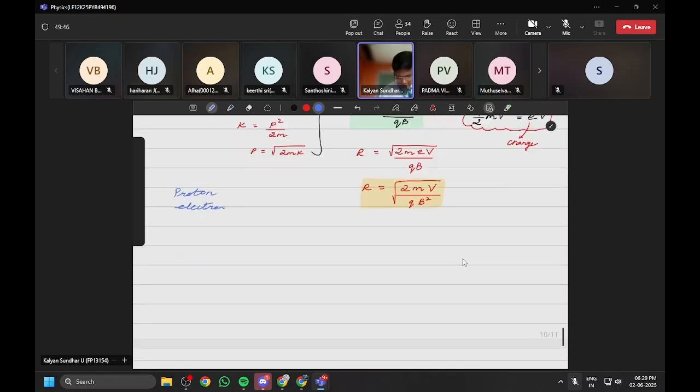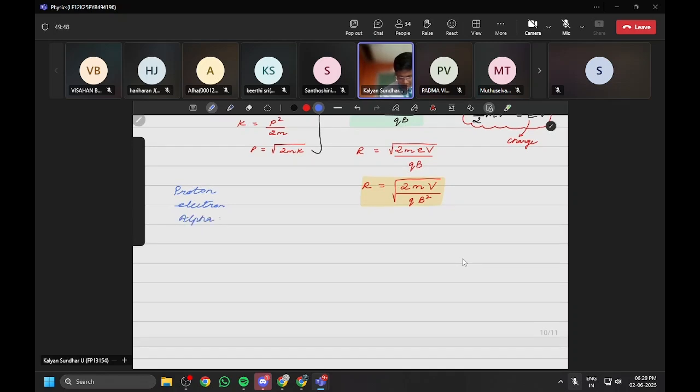So proton, electron, and next comes your alpha particle, and next comes your neutron. So charge and the mass. For this I take e, and this is for m. All of these you are going to compare with your electron value, right? So the mass of the electron and this.